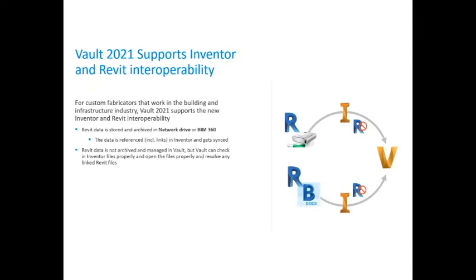And when you go back to check it out again and make changes, it immediately updates that connection to the Revit files, whether they're stored on a network drive or in BIM 360. That's a key thing if your business dabbles in both sides, the architecture versus the product design. That's a nice link to be able to take advantage of.